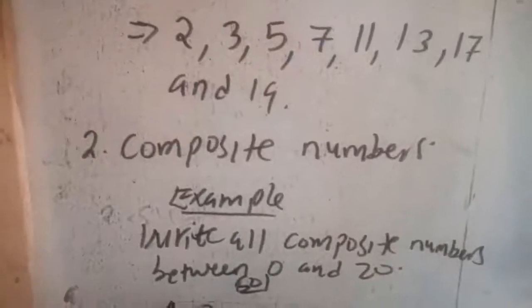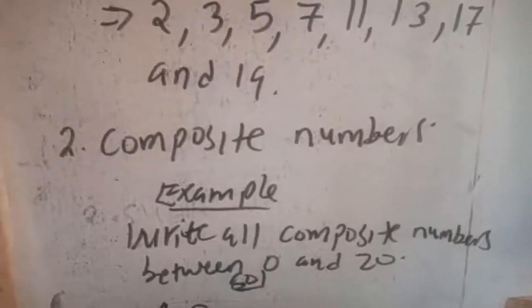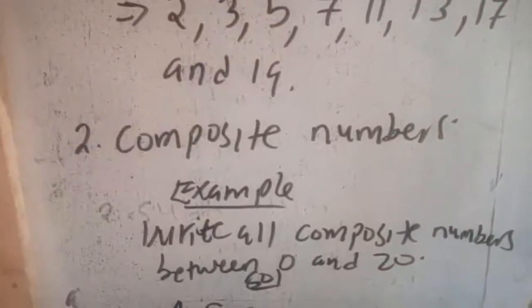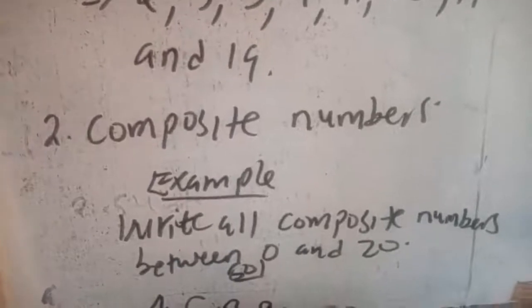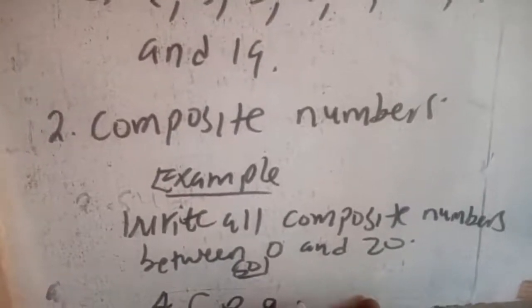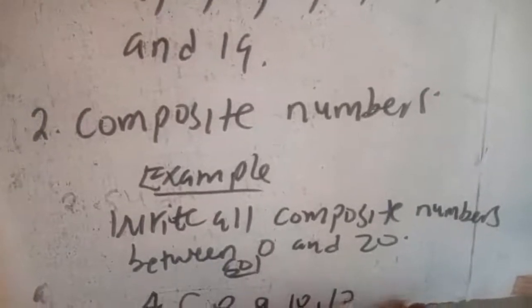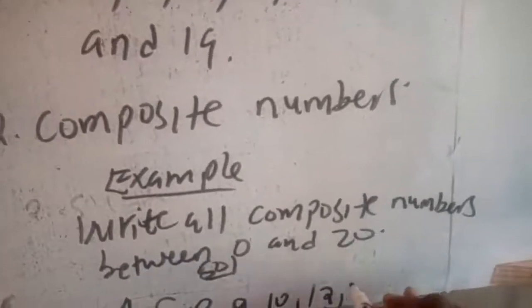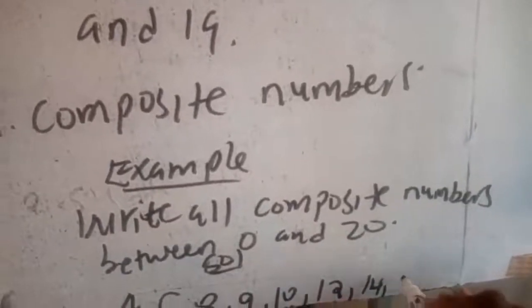The second one is 6. The third one we are going to move to 8. The other one we are going to move to 9. The next one we will get is 10. Then we move to 12. Then 14. Then from 14, 15.